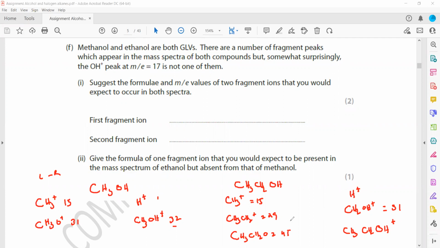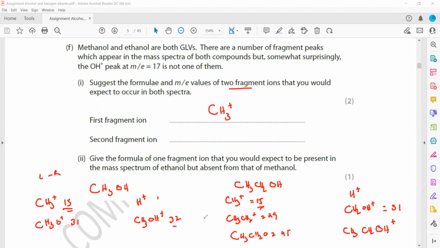In the question, they're asking which two peaks we will get that are common here: suggest the formula and mass to charge value of two fragment ions that would be expected to occur in both. The first fragment is CH3. CH3 can occur in both, and they both have mass 15, so we write CH3 here.